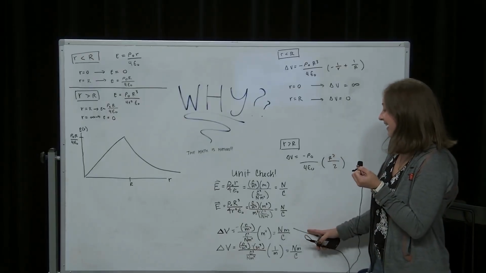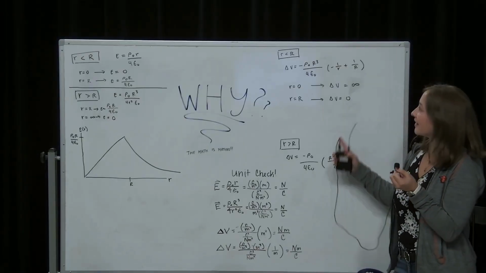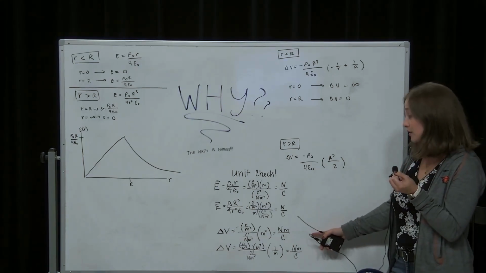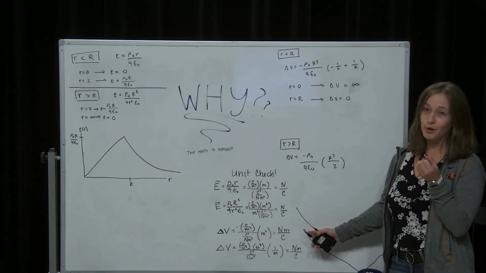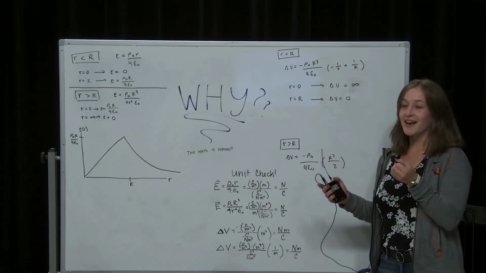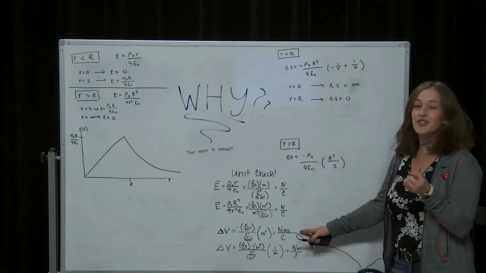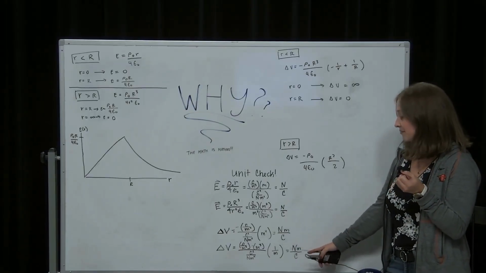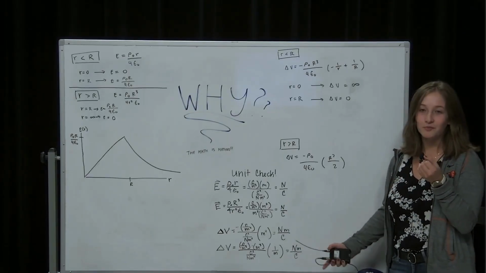Yay! For potential, it was a little bit funkier, but for rho, we had coulomb per meter cubed over coulomb squared per newton meter squared, all of that times meter squared, which ended up equaling newton meters per coulomb. And the last one was very similar.